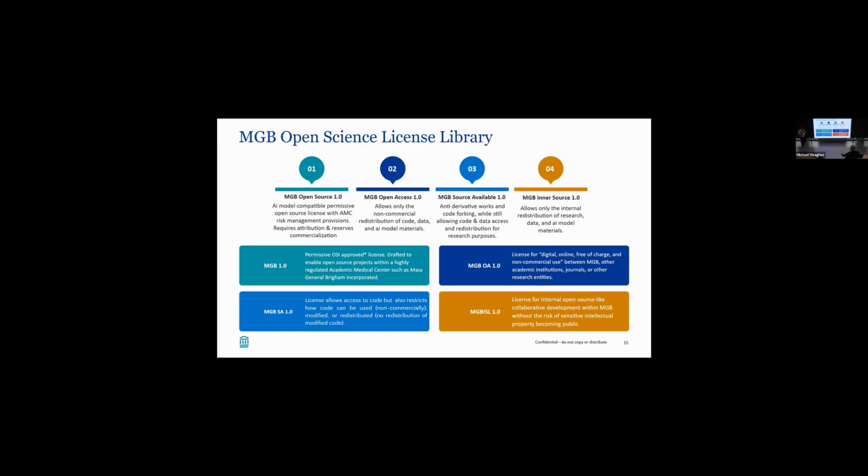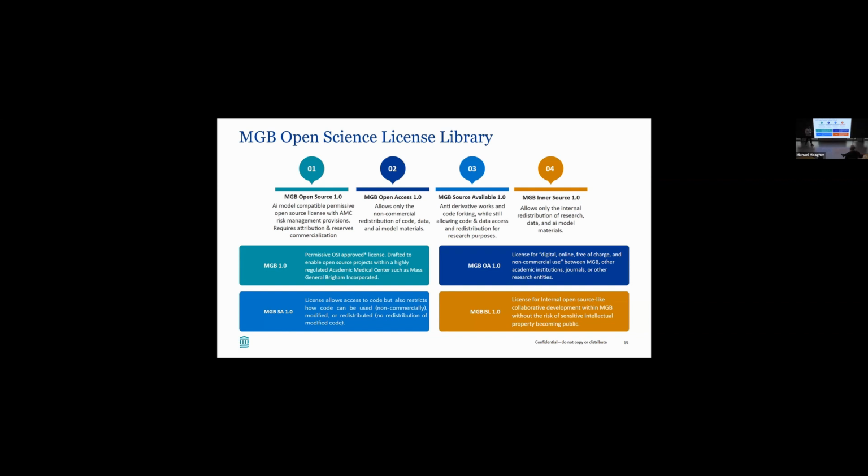We think attribution is critical in open source. You're not passing dollars, you're looking to gain prominence in the academic community, and if you don't have proper attribution, I think you're losing. Then Open Access, which is our non-commercial redistribution license; our Source Available license, which is anti-code forking; and our Inner Source license.